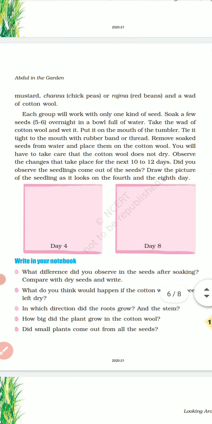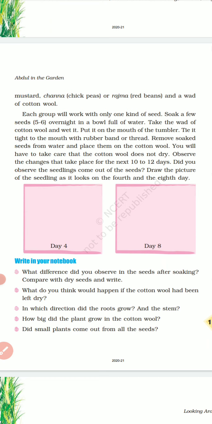Okay. Now, write in your notebook what differences you observe in the seeds after soaking. Okay, and what was the size of the seed before soaking in the water. Okay. What do you think would happen if the cotton wool had been left dry?